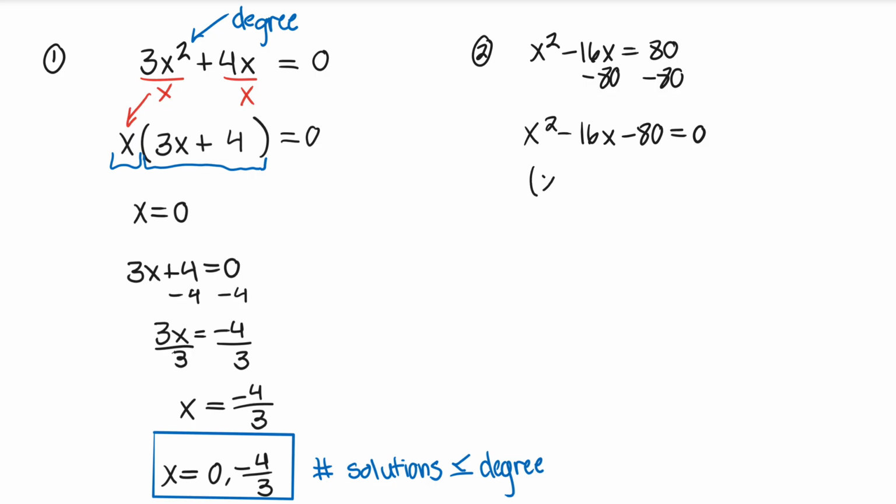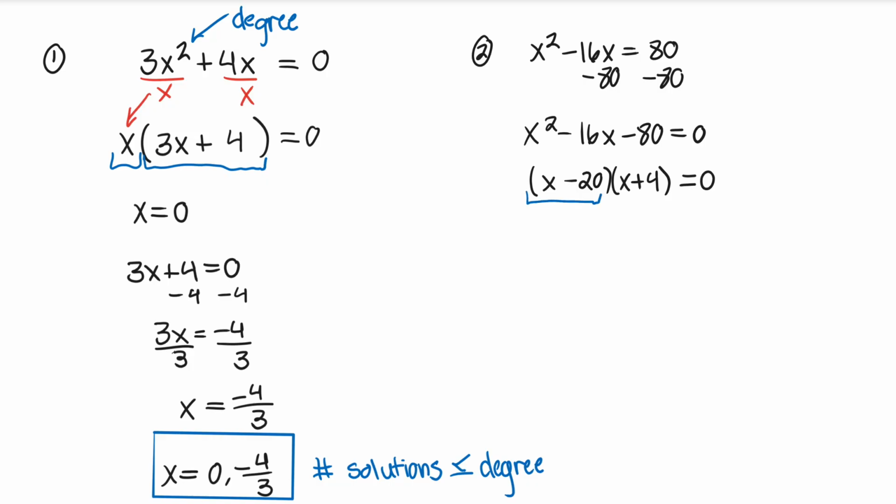So I'm going to get x times, this will work out to not 8 and 10, it's going to be 20 and 4. x minus 20 times x plus 4. That's how that trinomial would factor out, and that's going to be equal to 0. Now I have two factors.